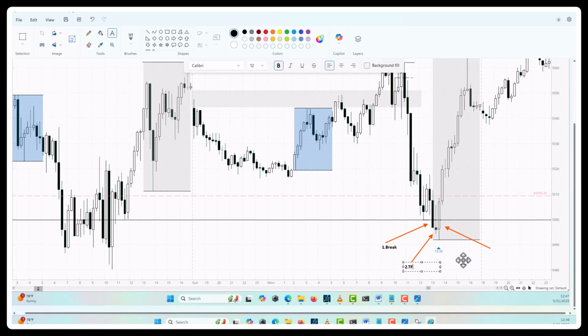Test from below, and then number 3 we have a reversal. So right here basically we have a 4 breakout type 1, and this one is a reversal. Yep, the other one is continuation.